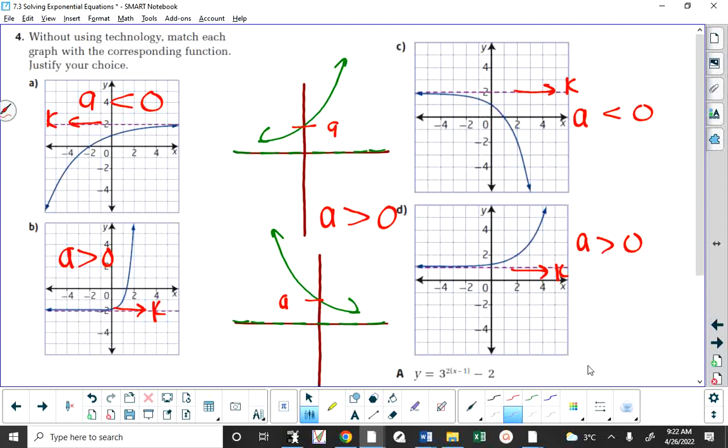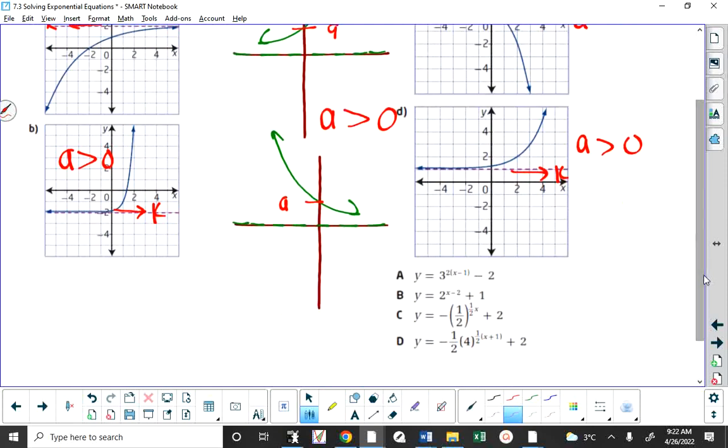First of all, we have 2 values of k that are unique, meaning I have a value of k in graph B that's -2, and none of the other graphs have a k of -2. So I can immediately match graph B. I hate that they have A, B, C, D here and the graphs are A, B, C, D, but that's okay. We can immediately connect graph B with this, because it's the only one that has a horizontal asymptote at -2.